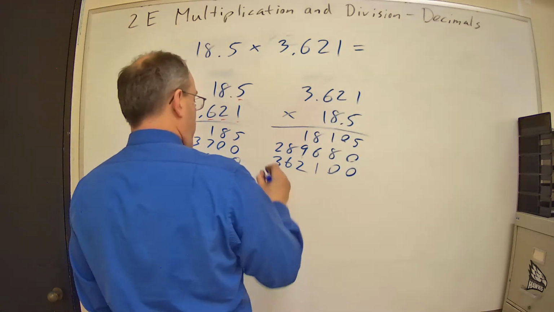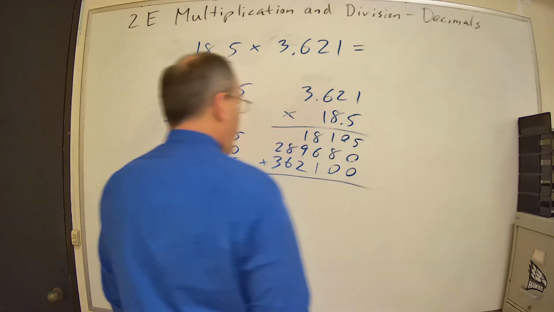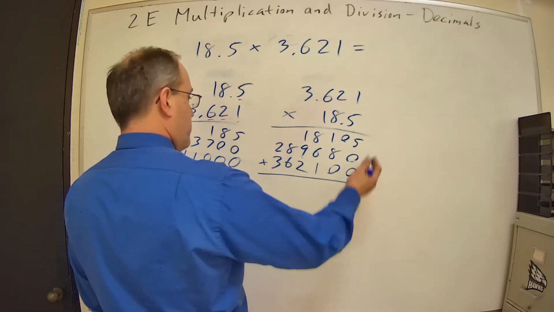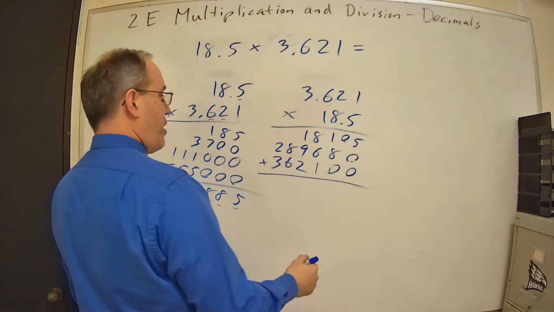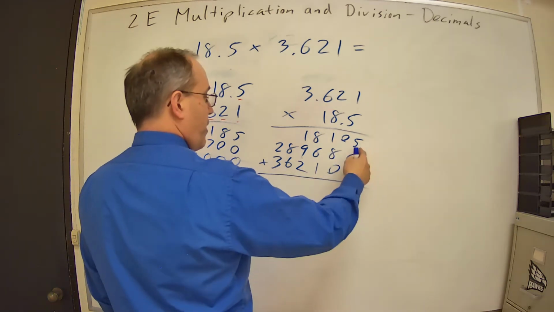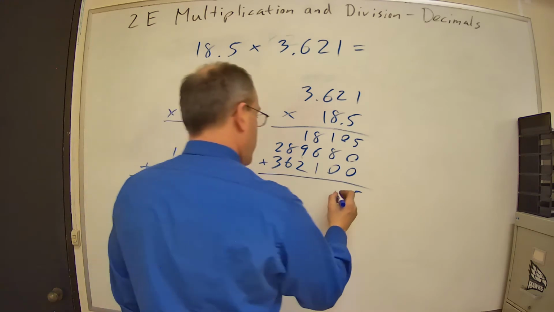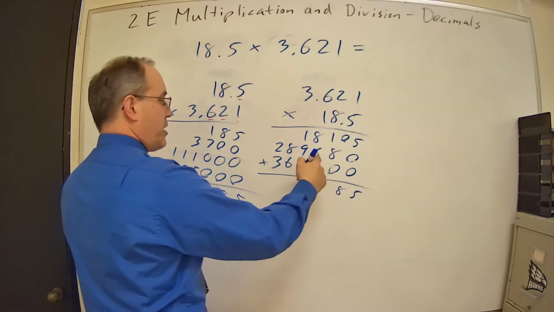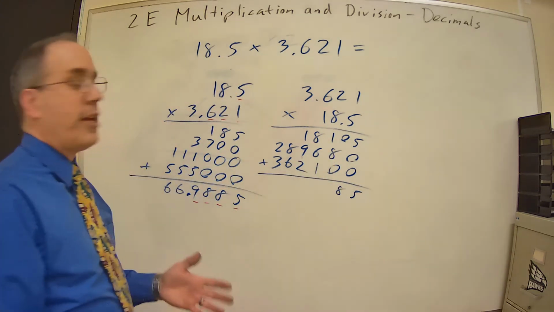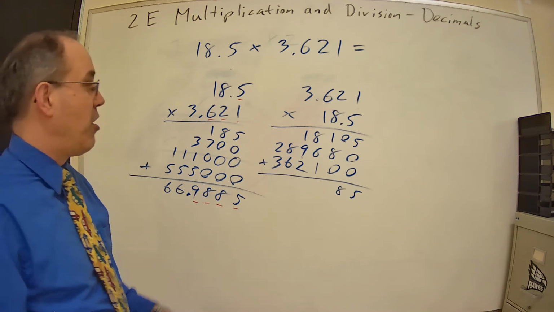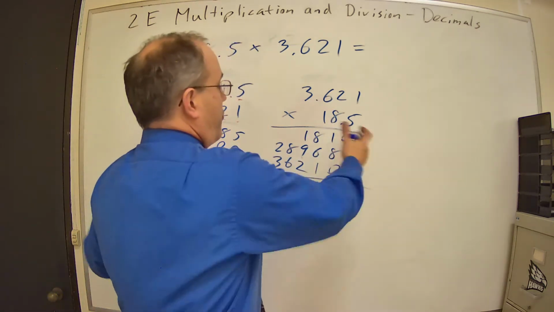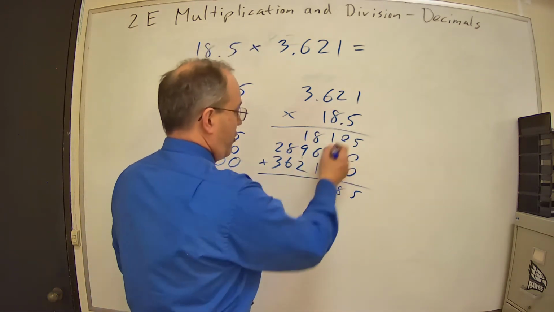So I've worked my way through, and I add. And I make sure that I've got things in the right columns here. So please be careful and make sure you line up your columns. I'm busy trying to work on this whiteboard from the side, and my columns kind of got a little sloppy here.